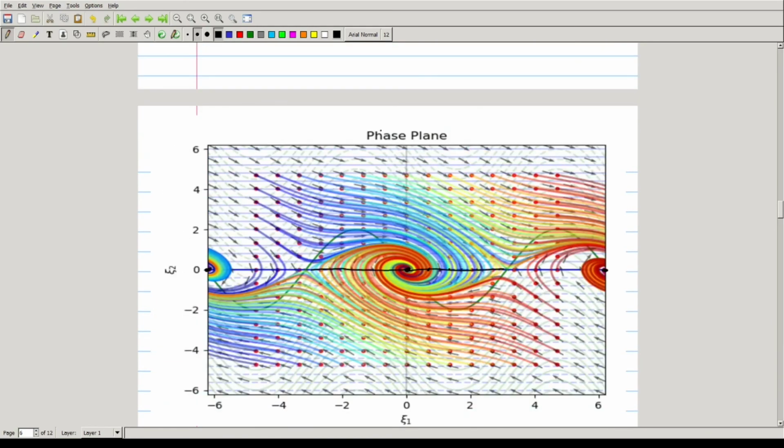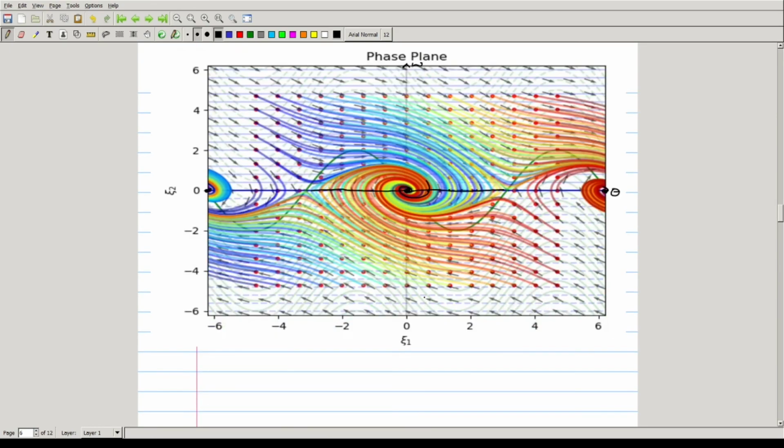This is the omega axis, this is the theta axis. So for any orbit, you follow any one of these orbits, the solution is never constantly 0. Therefore we can directly apply the LaSalle invariance theorem to the solutions here.